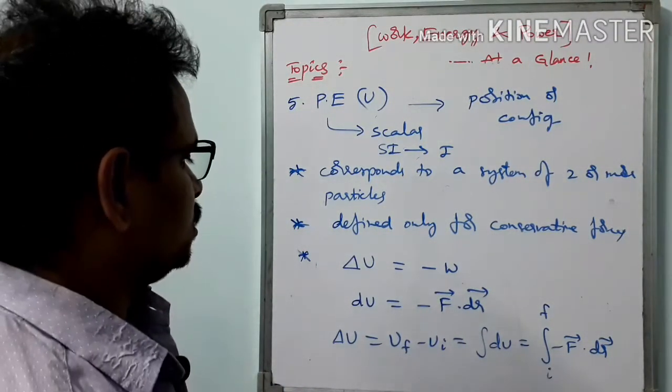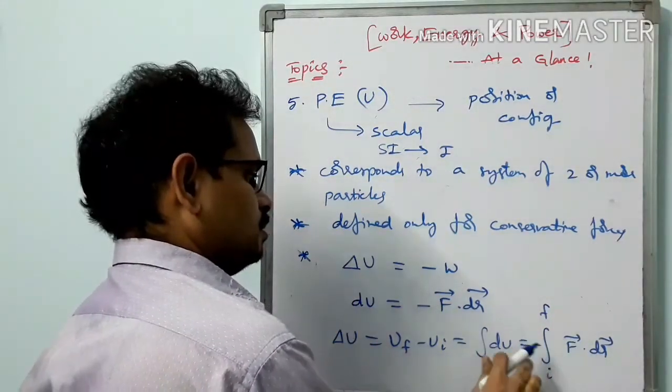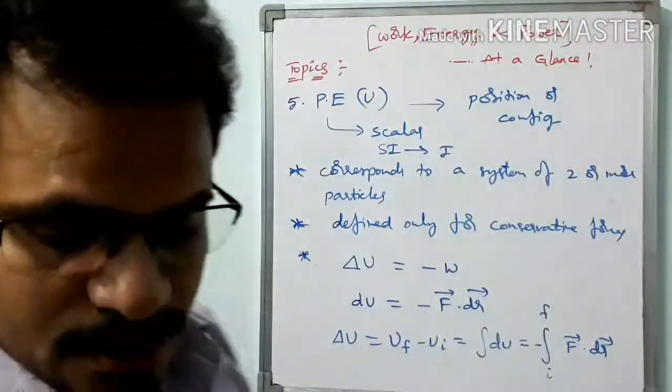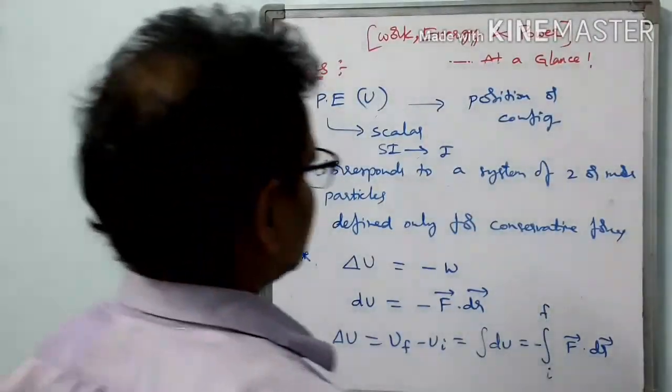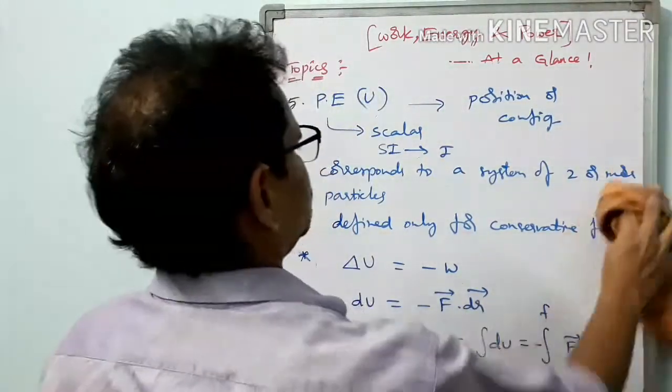So change in potential energy is the negative of work done by conservative forces.